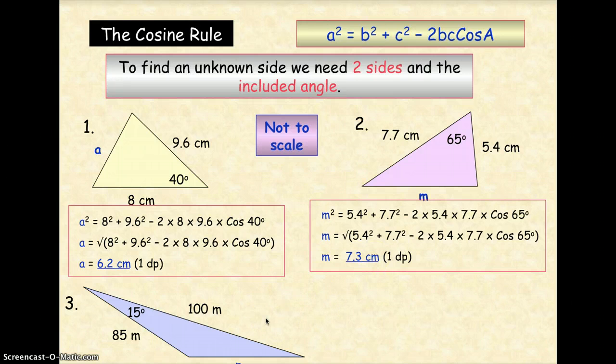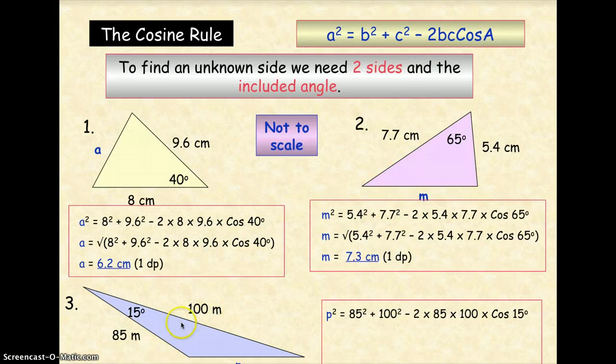The third example, again, look at it: two given sides and then the included angle. We're looking for p. The angle given to you is the corresponding angle, or the angle opposite to the missing side. Let's plug in the values. That will be p squared. Again, it doesn't matter which one is A, which one is B or C in this case.